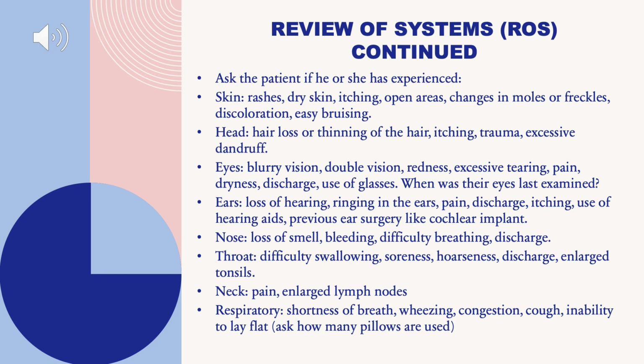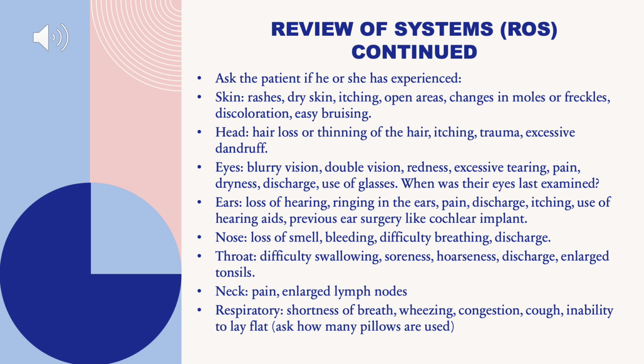So you would ask questions using non-medical terminology. You would ask the patient if he or she has experienced any of this, starting with the skin: any rashes, dry skin, itching, open areas, changes in moles or freckles, discoloration of the skin, bruising easily.